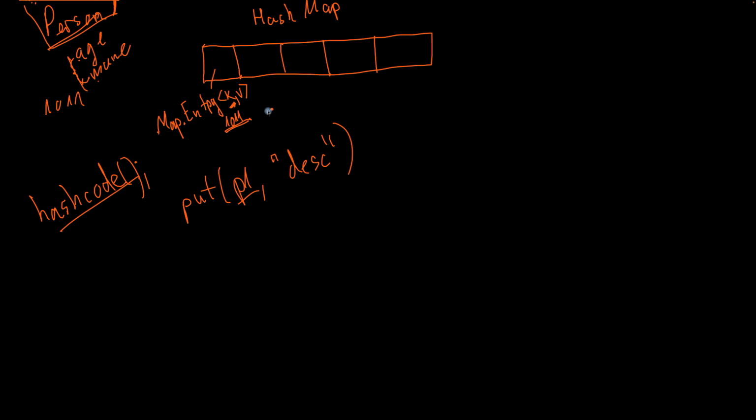Later, when we try to retrieve, we save this map entry in this bucket: p1 is the key, the description is the value. This map entry is an object and it gets saved in this bucket, in this array.